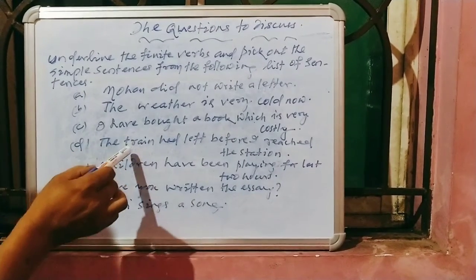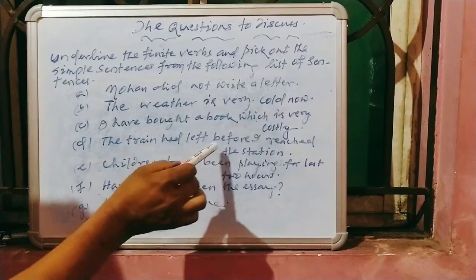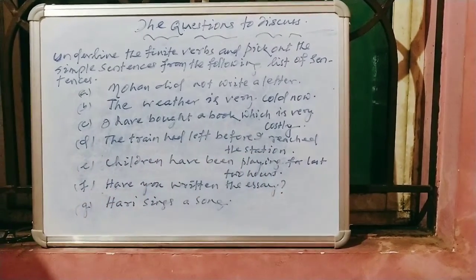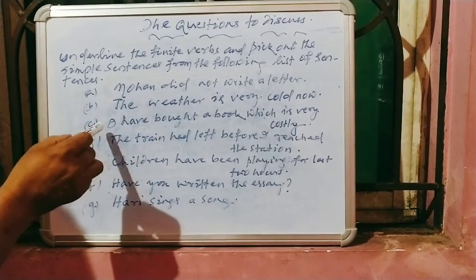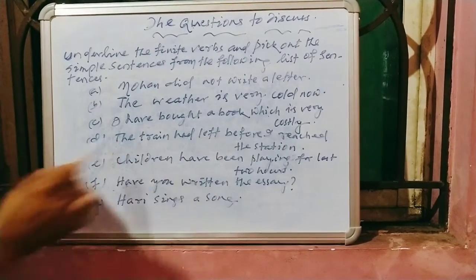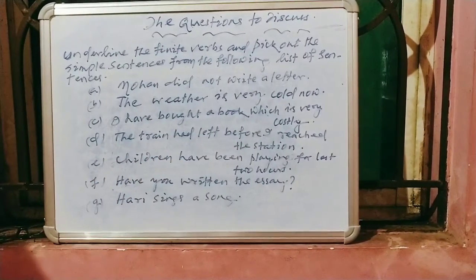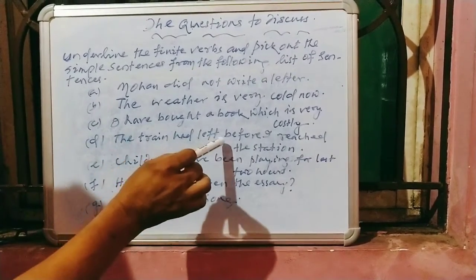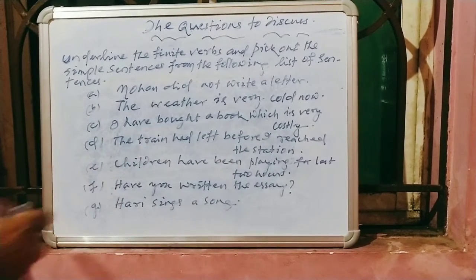Clear? Then you come to the question number D. The train had left before I reached the station. Very similar to the question number C, D also has two different clauses. The train had left, it is a clause.